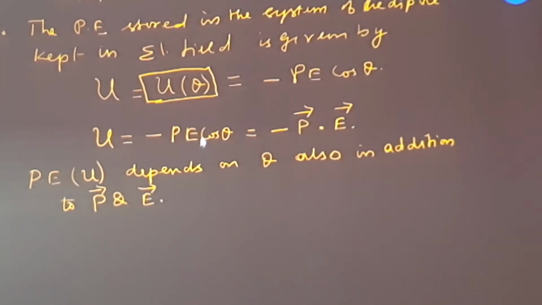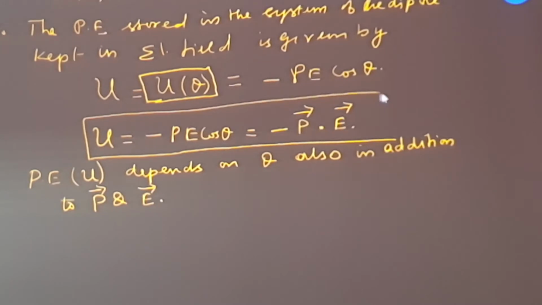Now, when this dipole is rotated through an angle theta from its initial position, when is the potential energy maximum and when is it minimum?